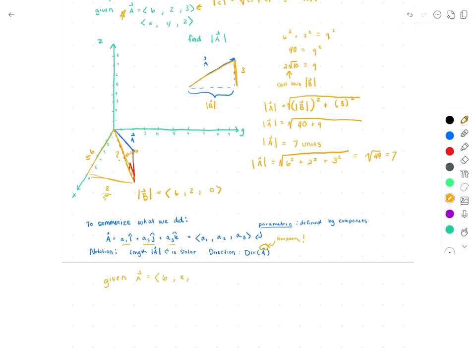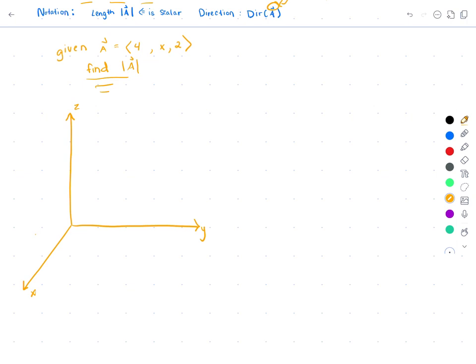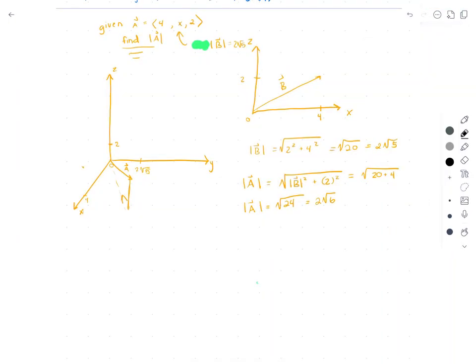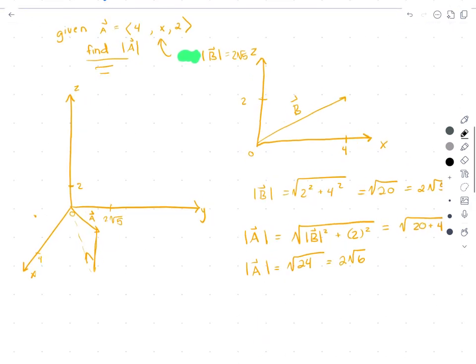So let's say given A equals. Now go ahead and try this on your own. I will have a solution worked out and then I will walk you through it.